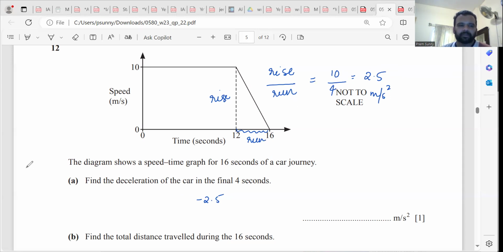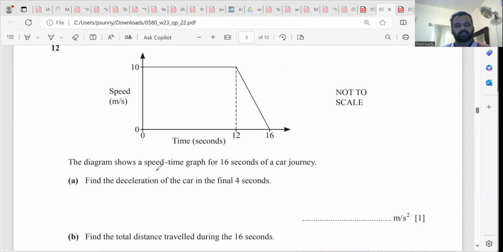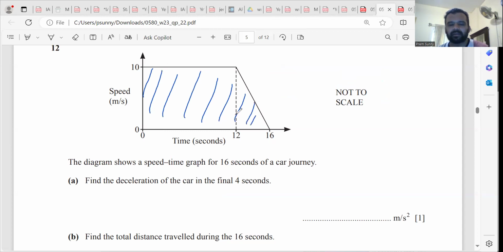Now moving on to the B part, to find the total distance. To find the total distance from a speed time graph, it is the area under the graph. So this is a trapezium.